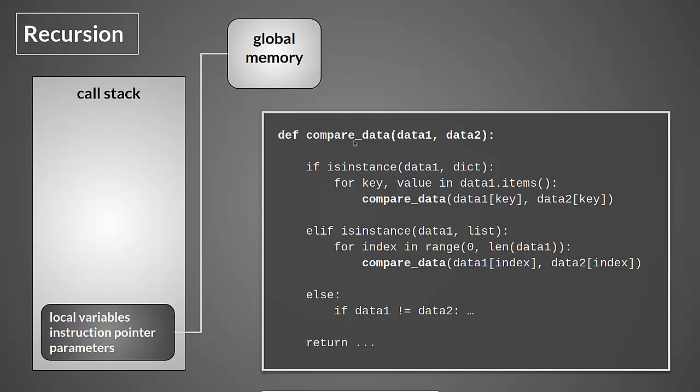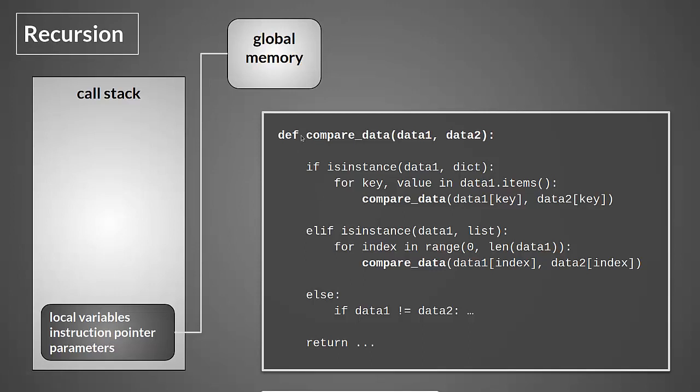So when a function is called, like somebody calls compare data, basically three things are going to get placed onto the stack, and this can vary between different languages and different implementations, etc., but I'm making this as simple as possible. One of the things that's going to go onto the stack are the parameters that are getting passed. So when somebody calls compare data and passes in a couple of values, those values are going to get put onto the stack.